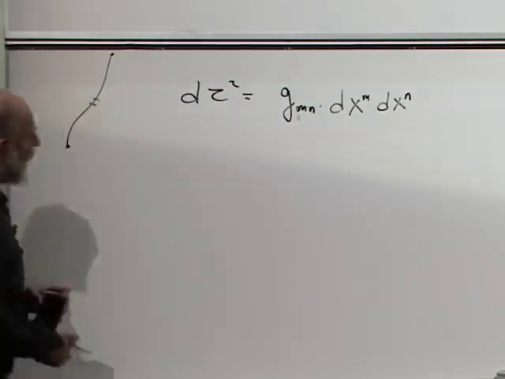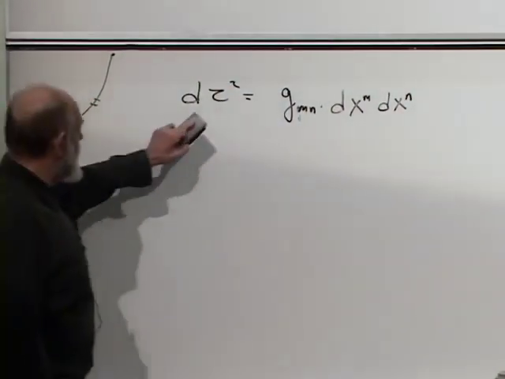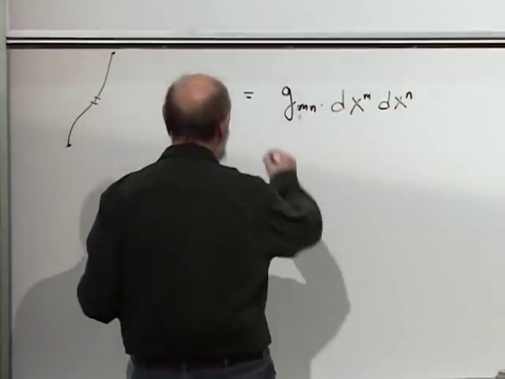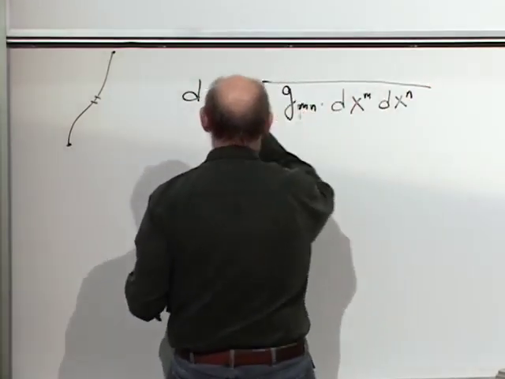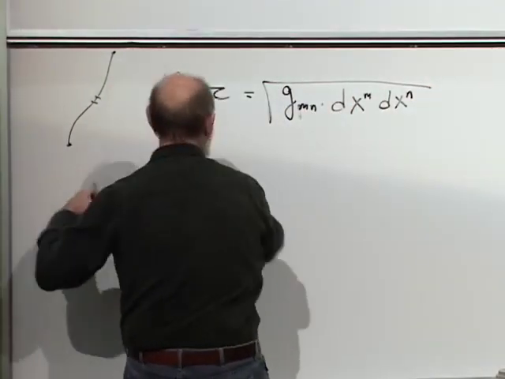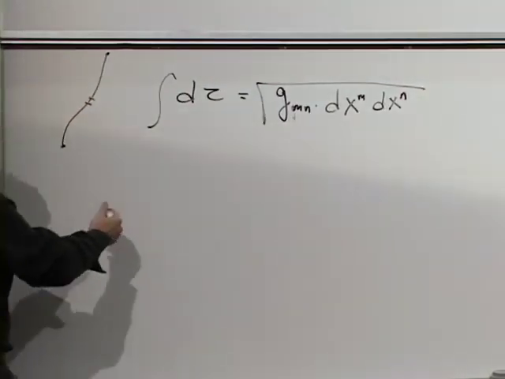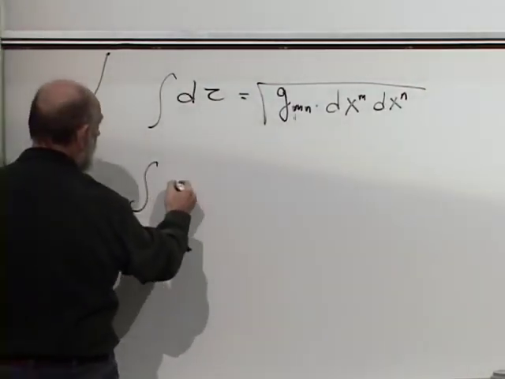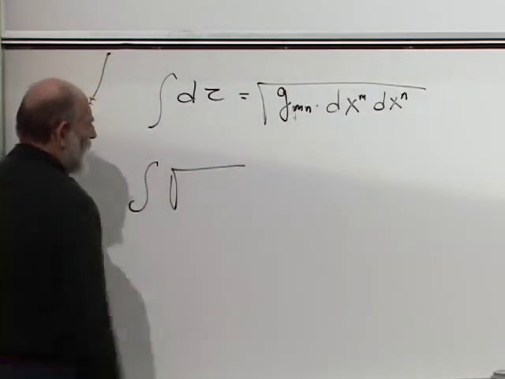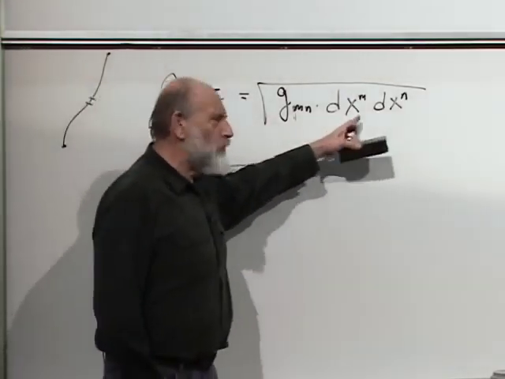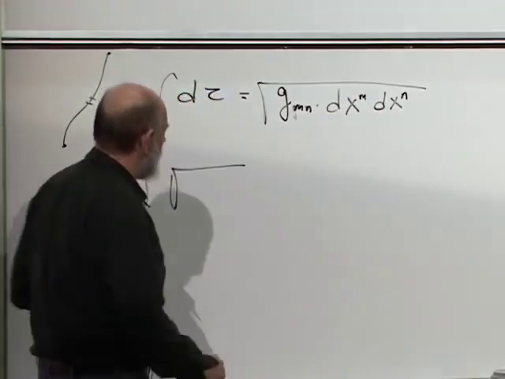Good. All right. Now all we have to do is take the square root of this, that's d tau, and then integrate it to find the total path length from here to here. So the total path length is the integral. This is kind of a funny thing to see, an integral of a square root with a dx, but I'll make sense of it for you in a moment.